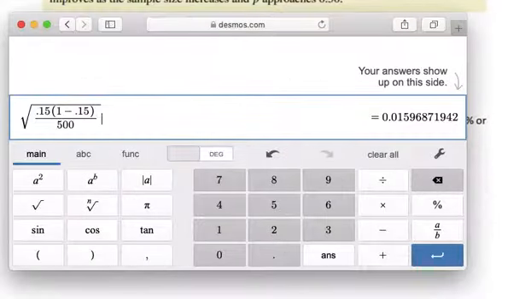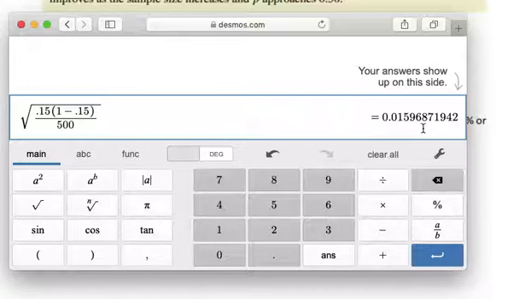I have my Desmos calculator here. If you're having trouble finding a calculator or using a phone calculator, I recommend that you use the calculator on this website, desmos.com, the scientific calculator. It works very well, and it's free. So my answer here for standard deviation, 0.0159687.